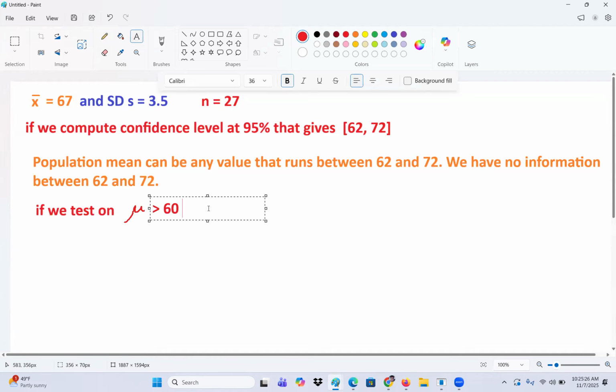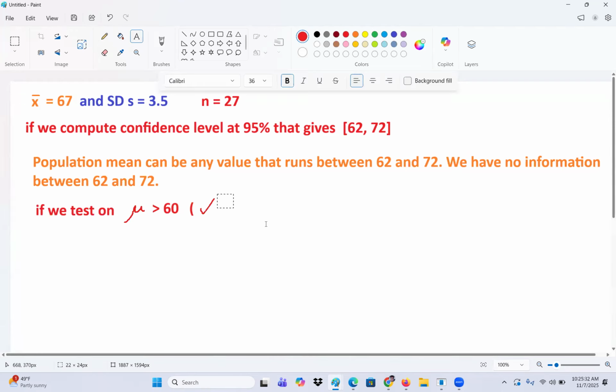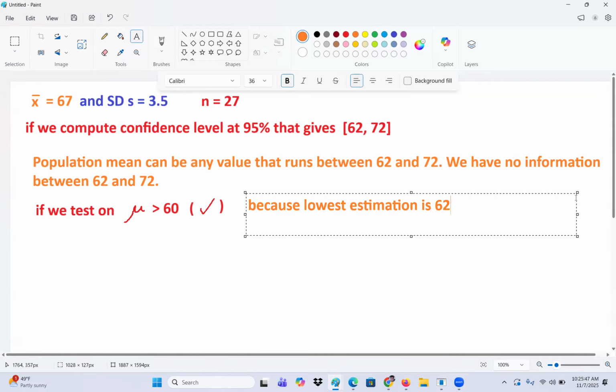So this one checks, this one's good. We're going to accept it. The reason is that the lowest estimation is 62, so that basically beats 60, obviously.